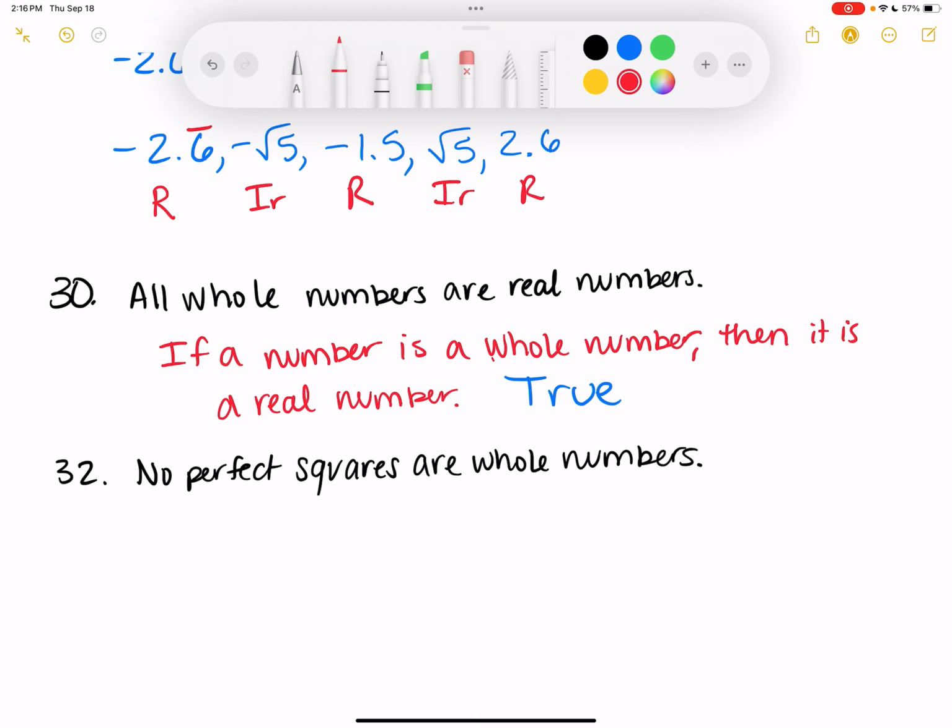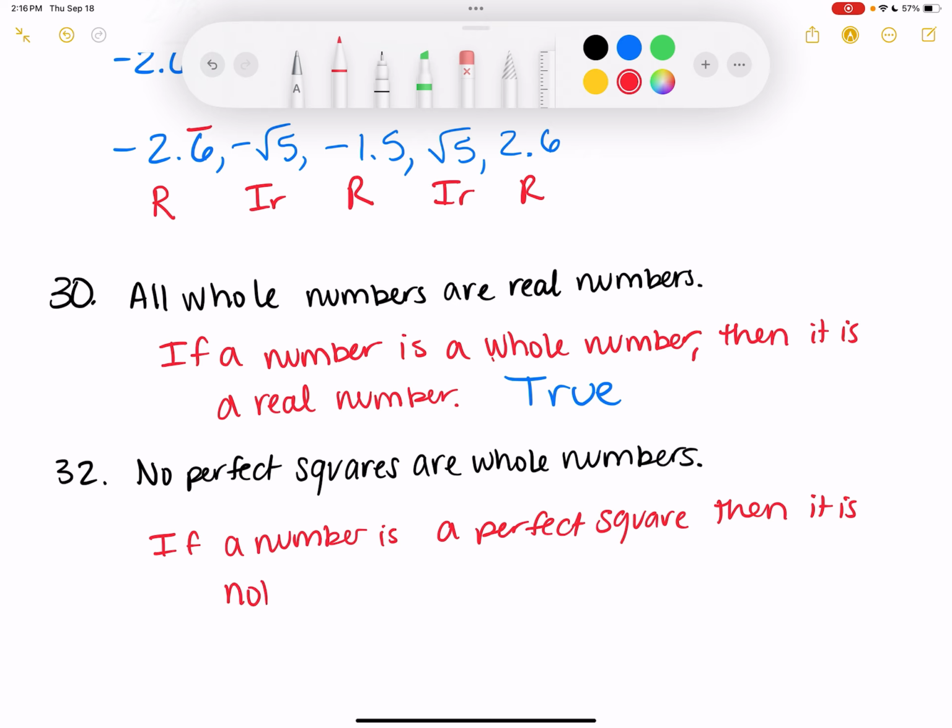If a number is a perfect square, then it is not a whole number. No, it's not. A perfect square is a whole number. That's the whole thing about it. So this statement is false, because perfect squares are whole numbers.